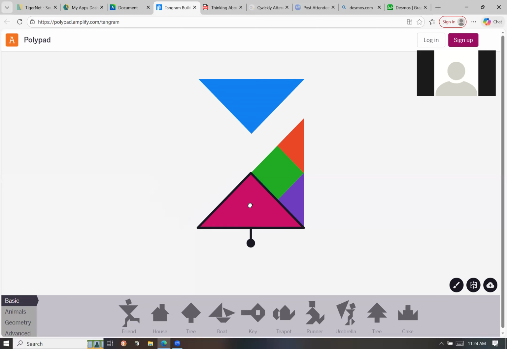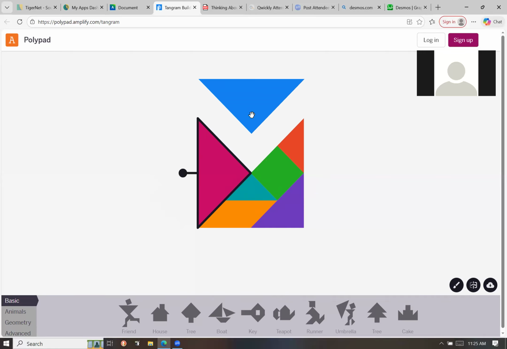Do you see how it fits on that part of the puzzle? And it also fits over that part of the puzzle. So really, you can think of this puzzle as being broken into 4 big triangles.